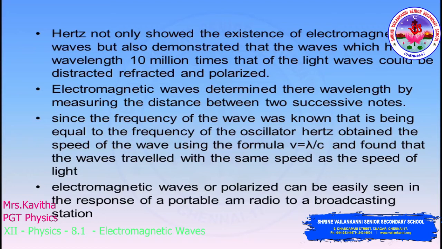So when the antenna is held horizontal, the signal will be greatly diminished. Some portable radios have a horizontal antenna inside the case, which is very sensitive to the magnetic component of the electromagnetic waves. Such radios must remain horizontal in order to receive the signals. We may see that, right?